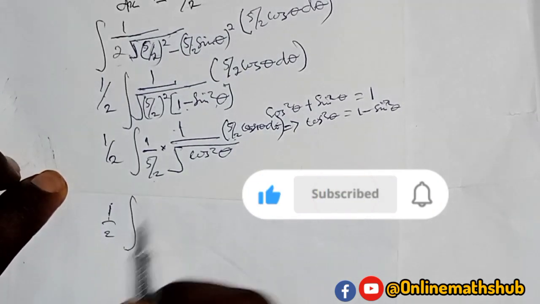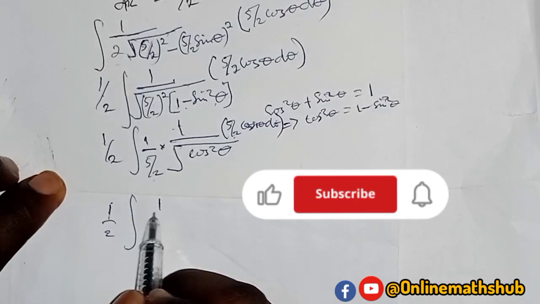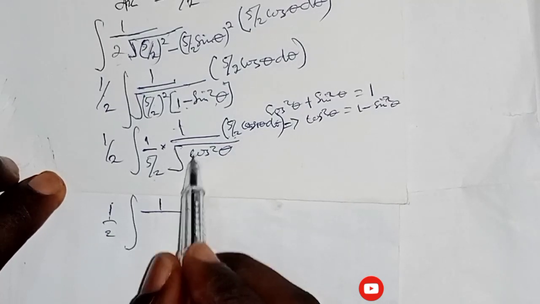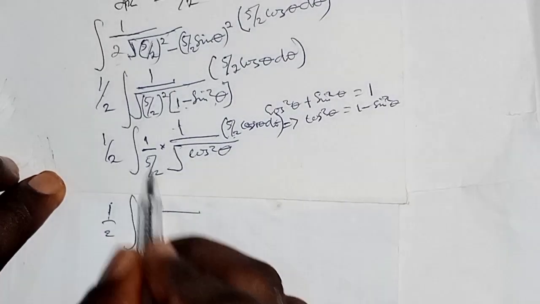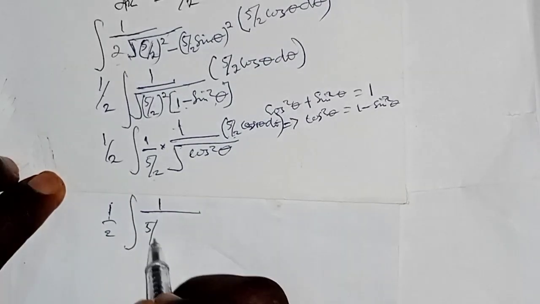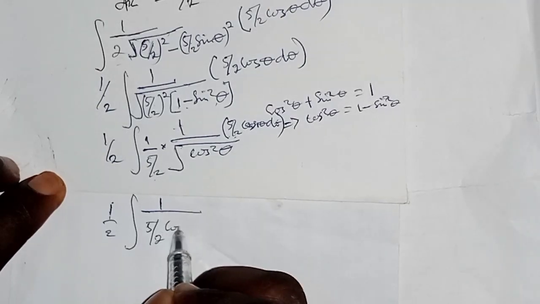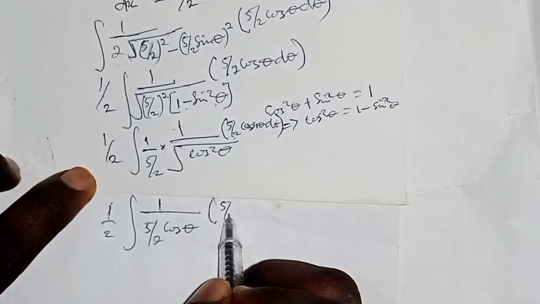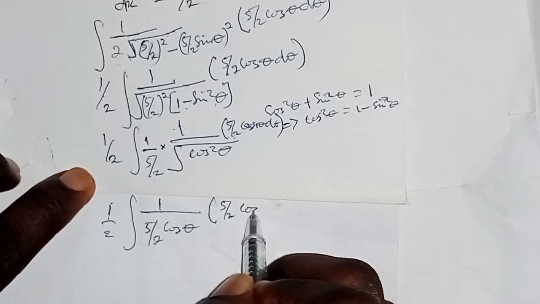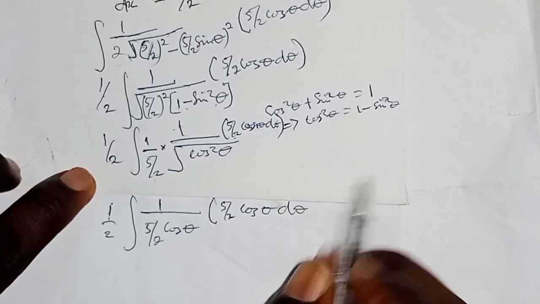So I'll proceed, and this is what I'm going to have: 1 over 2 integral, 1 divided by, let me take the square root of this, 5 over 2 cos theta, and then it's also multiplied by 5 over 2 cos theta d theta.